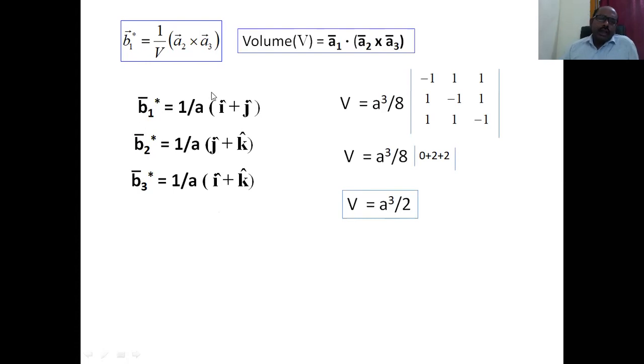Actually these represent the basis vectors of an FCC, but we see it in the next slide. Later we confirm that the reciprocal lattice of a BCC lattice is an FCC lattice. Okay, so we see the next one.